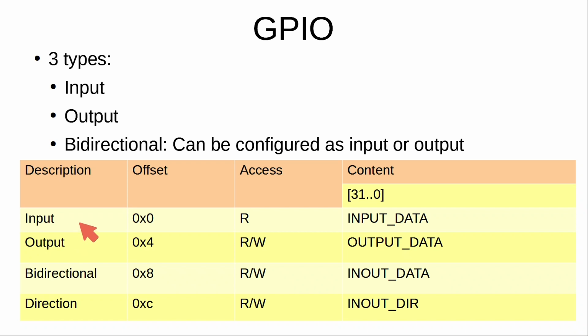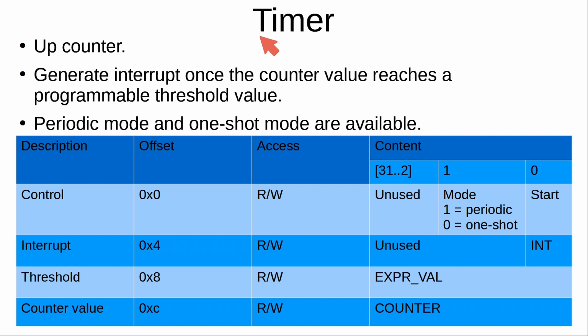So for example, we can read from this memory location to see the input data, or we can write into this output address location so that we can set the output pin. And for bidirectional pin, we can set the direction using this directional setting register.